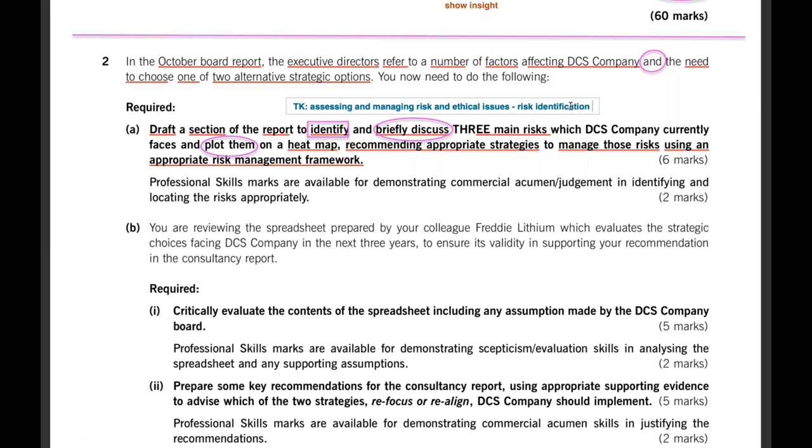What else may you need to do? After your risk identification, what are the areas you're supposed to be covering?